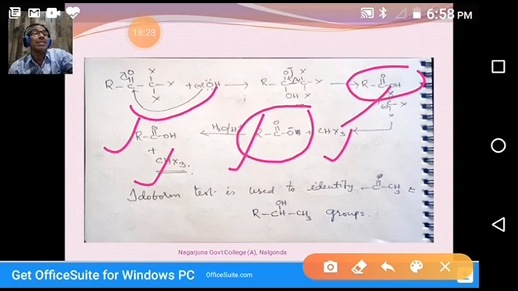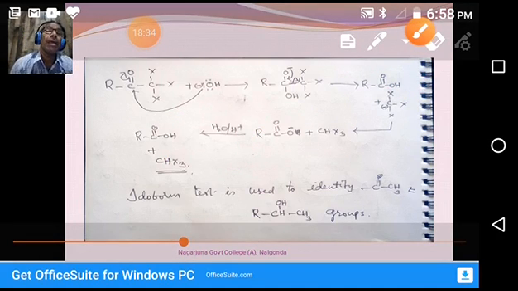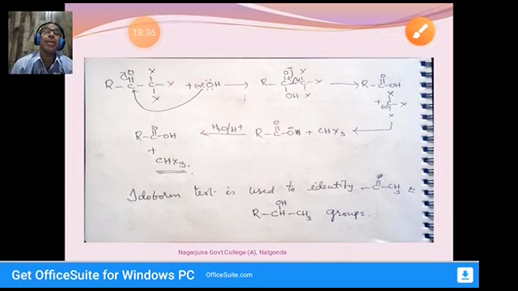So this is the mechanism of the haloform reaction. In the haloform reaction, what happens? First, three hydrogens undergo substitution with halogens in the presence of base. In these three steps, we observe formation of a carbanion, which is halogenated.